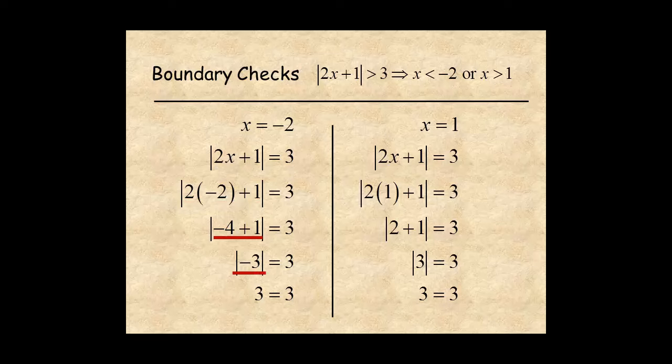And since the absolute value of negative 3 is 3, the left boundary checks. On the right, 2 times 1 plus 1 is 2 plus 1, and 2 plus 1 is 3. And since the absolute value of 3 is 3, the right boundary checks.